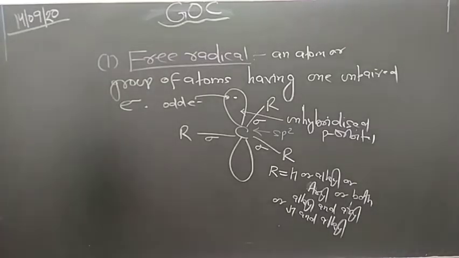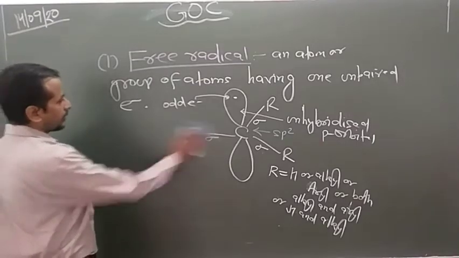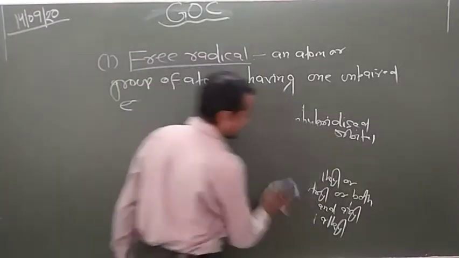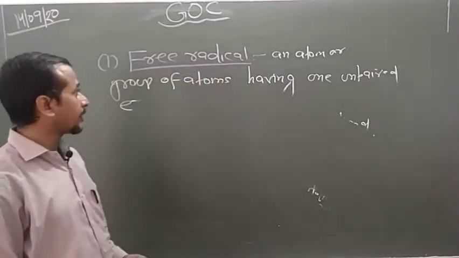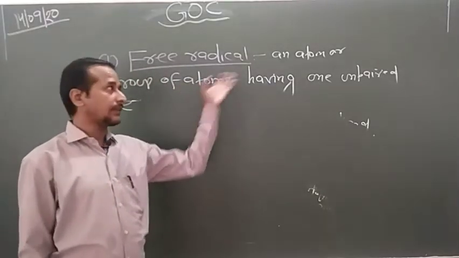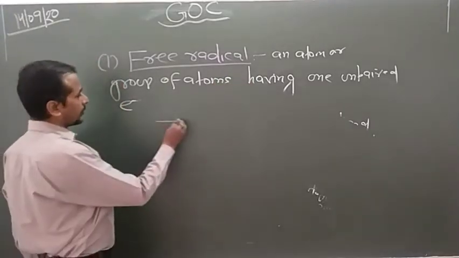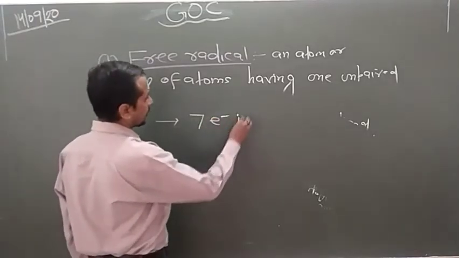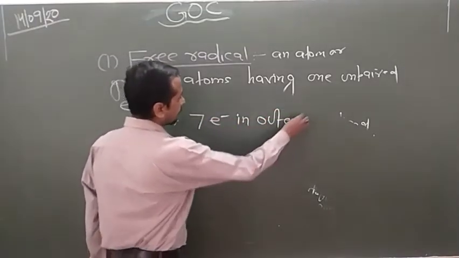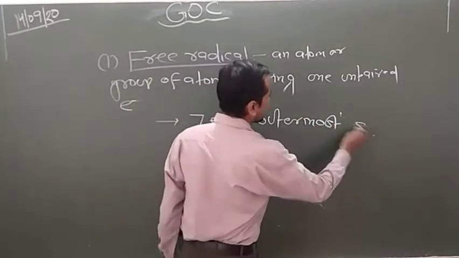Now some properties of free radicals which you have to know from the examination point of view. So look here, dear students. Again, a free radical is an atom or group of atoms having an unpaired electron. Now some properties: they contain 7 electrons in the outermost shell.